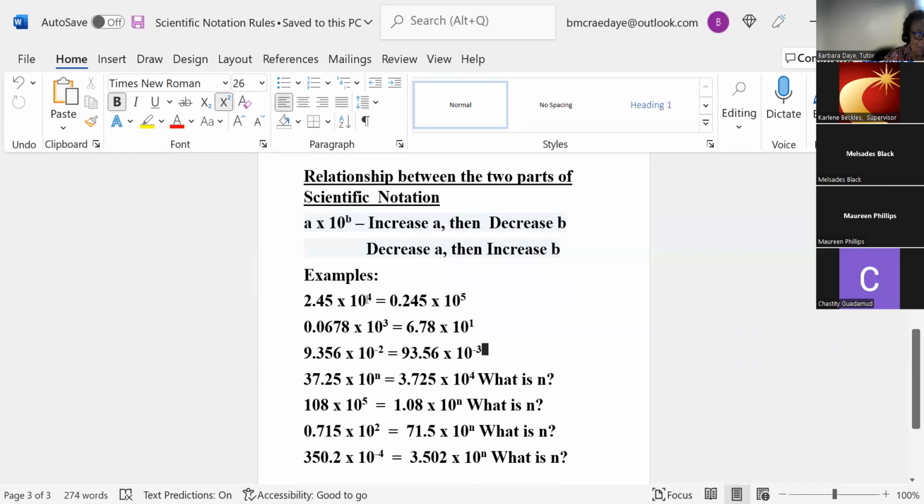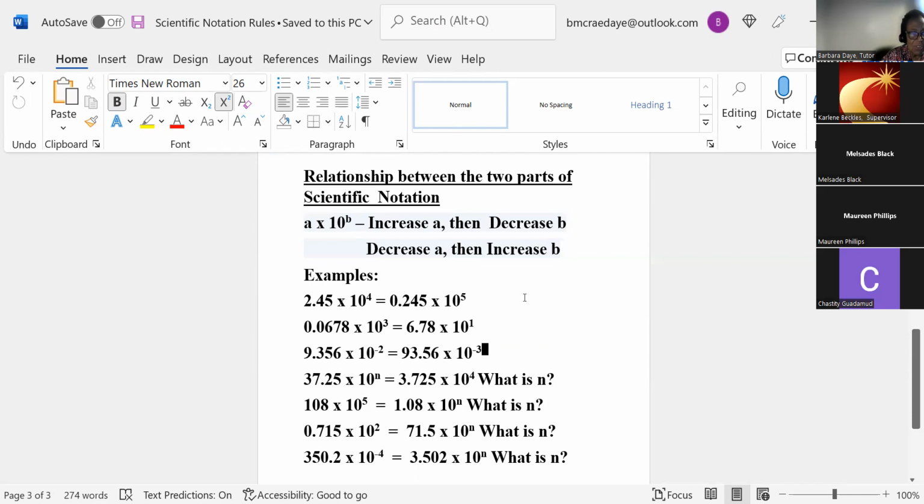2.45 times 10 to the fourth. Now, from 2.45 to 0.245, is that an increase or a decrease, Maureen? Decrease.